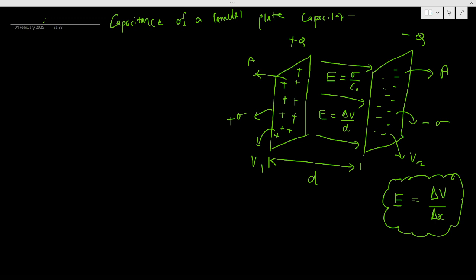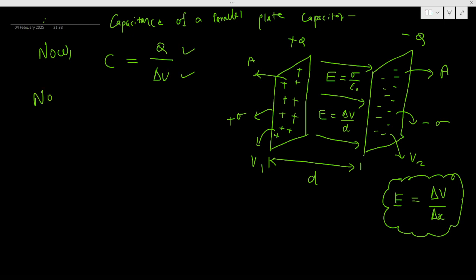Now what do you have to find? You have to find C, capacitance. If you want to find capacitance, you need to find charge and potential difference. Two things you need to find.